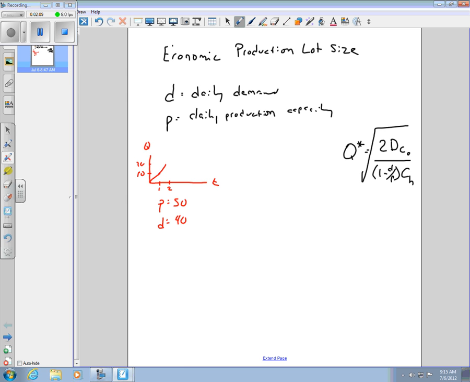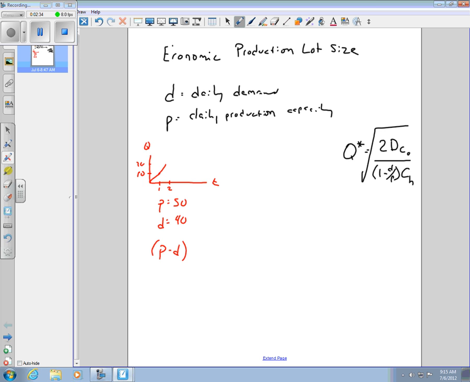So I'm accumulating transmissions at a rate of 10 per day. So if you look at just P minus D, that tells me how many I produce minus how many I need, daily demand for a product, and that's the amount I accumulate each day.